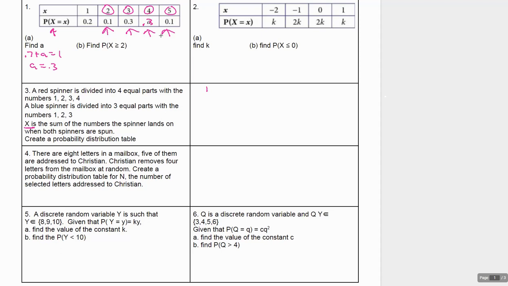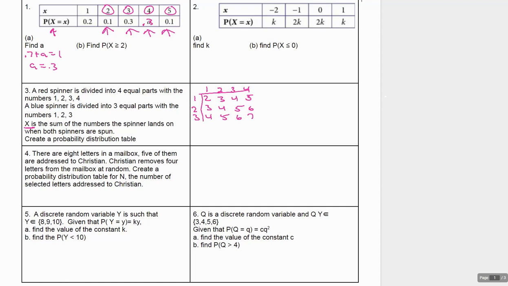Yeah, exactly. So we've got 1, 2, 3, and 4. And then we've got 1, 2, and 3. So 1 plus 1 is 2, 3, 4, and 5. 3, 4, 5, and 6. 4, 5, 6, and 7.